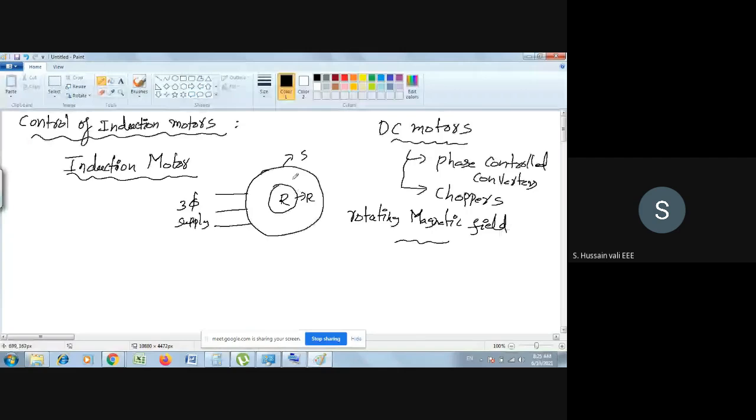That magnetic field will link with the rotor, and then an EMF will be induced in the rotor.